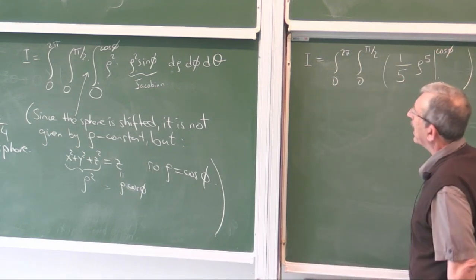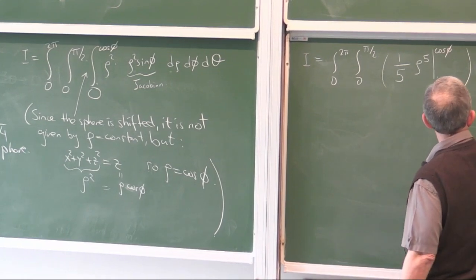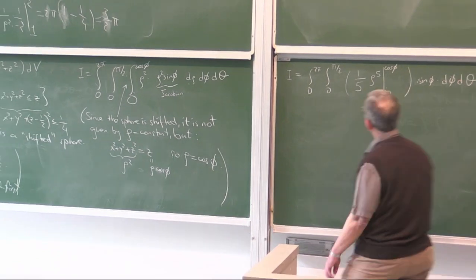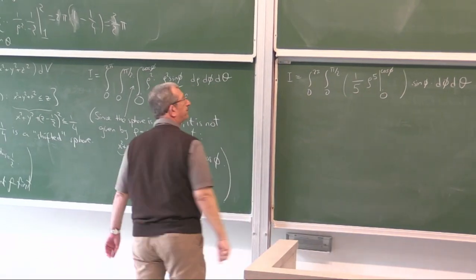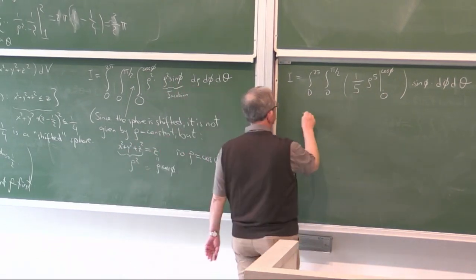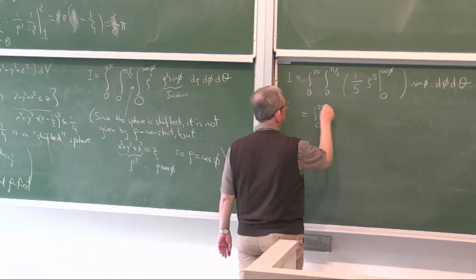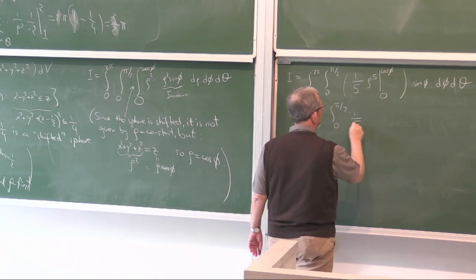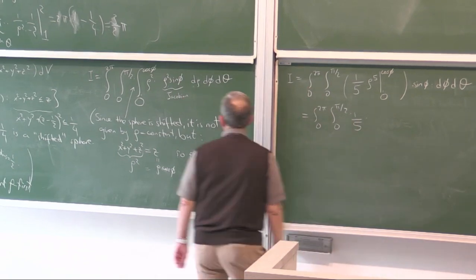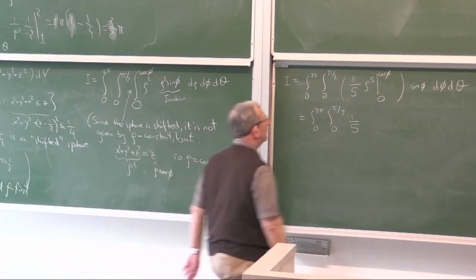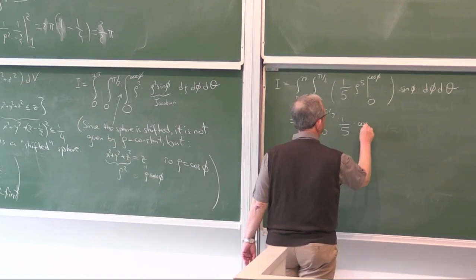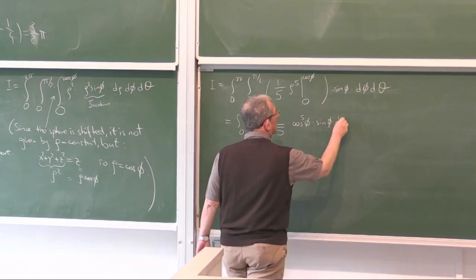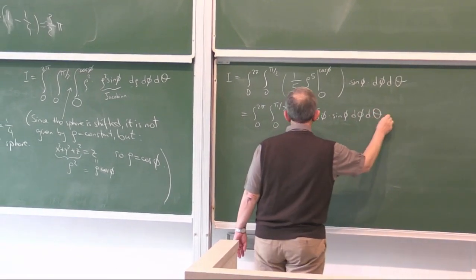After that, we have sine phi, and then we have d phi and d theta. Well, this obviously says that we have 0 to 2 pi, 0 to pi over 2, 1 over 5 times the 5th power of cosine phi times sine phi times d phi times d theta.